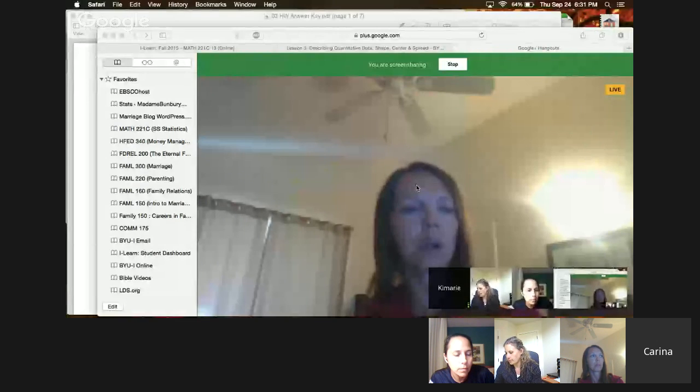The green box, if you hold your mouse over it, will say screen share, and you can click on that, and it'll show you different windows that I have open. Here's my problem: I opened that under a different computer.